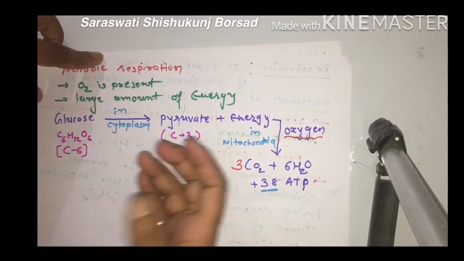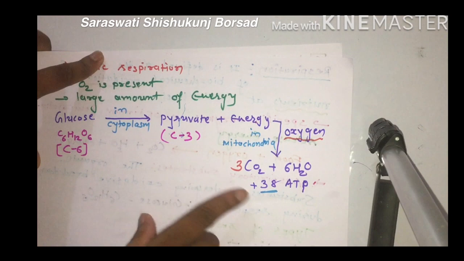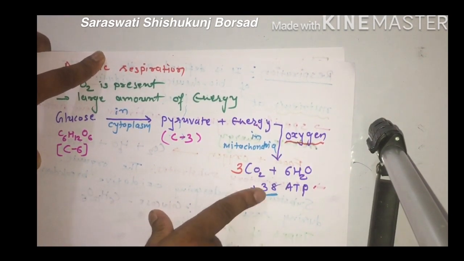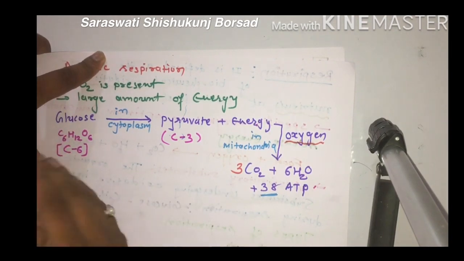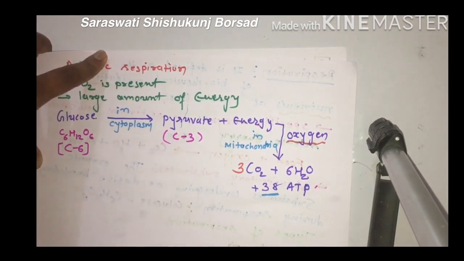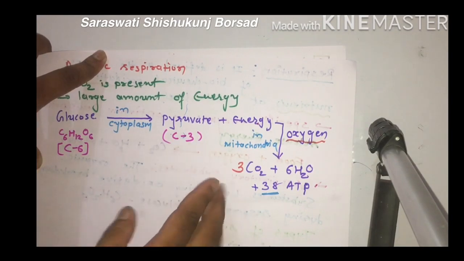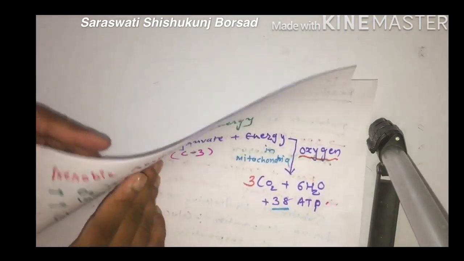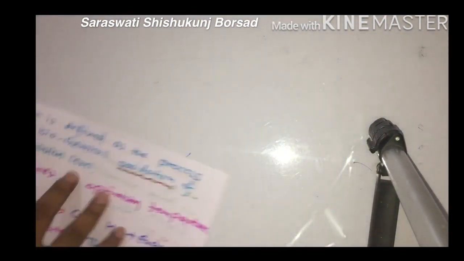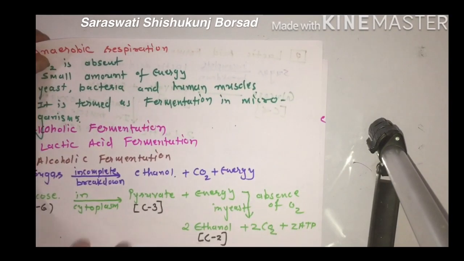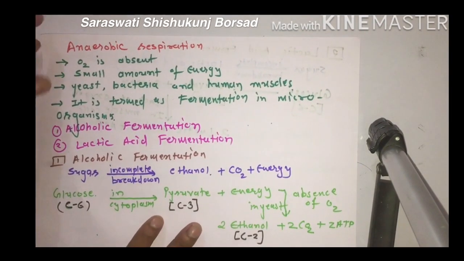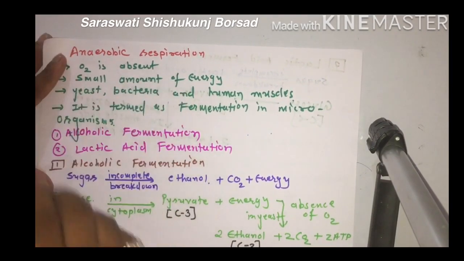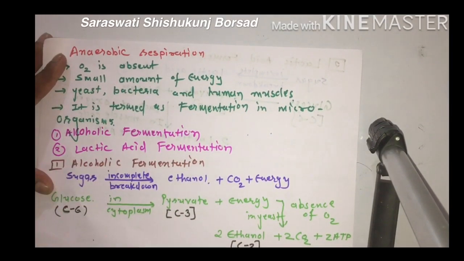It will be a complete breakdown of sugar, so here we are getting more energy. The 6 carbon containing molecule gets converted into 3 carbon containing pyruvate, and later it gives us carbon dioxide and water. Now this was for aerobic. Anaerobic respiration is done in the absence of oxygen, so there will be incomplete breakdown of sugar, so less energy will be released. It happens in bacteria, yeast and human muscle.